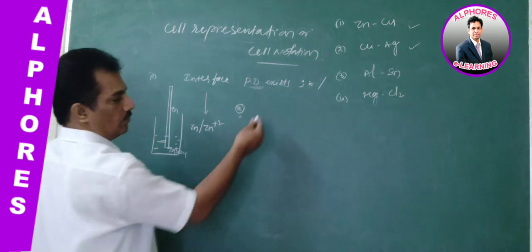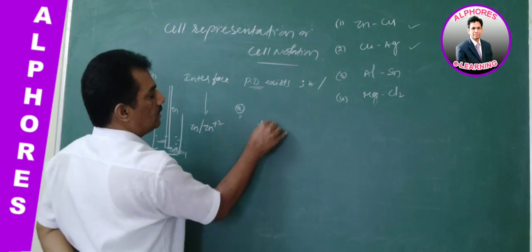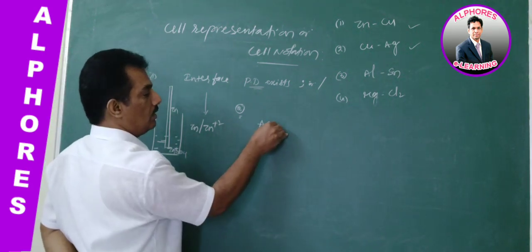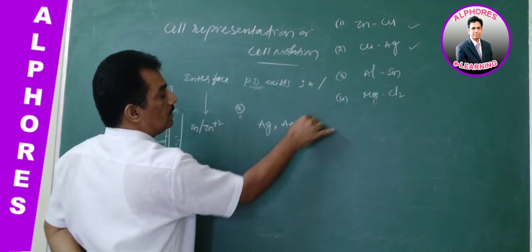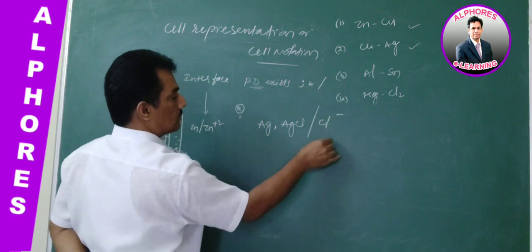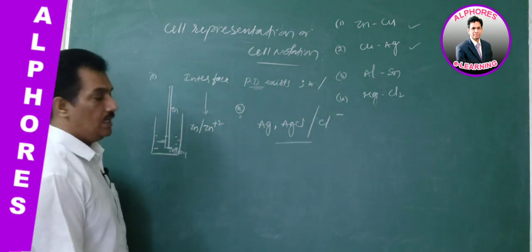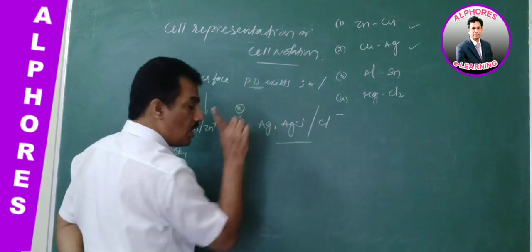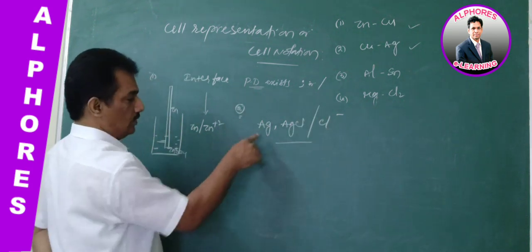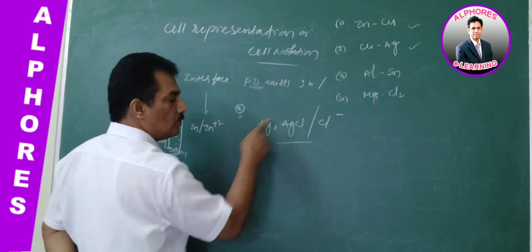For example, it is nothing but Ag along with AgCl. Ag along with AgCl is involved in this half electrode. Then Ag and AgCl are separated, and the total is one half electrode only. Even though 3 chemical species are present, it is only one.